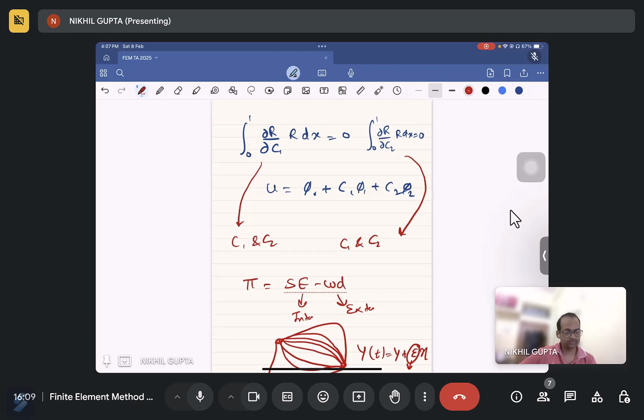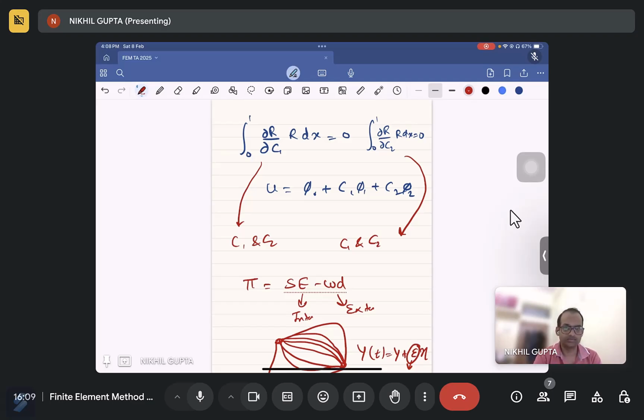Sorry to interrupt you, I have no mathematical proof right now, but I was just thinking that it should not be zero. I personally think that the complete work done is not going to get stored in the form of strain energy, but other energy we can neglect. Even if we neglect other energies, this equation is valid.